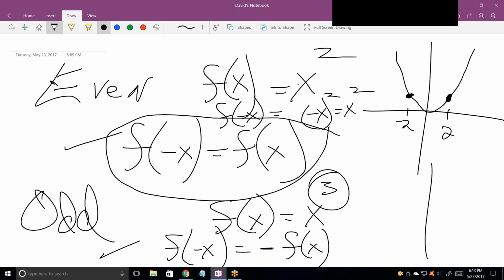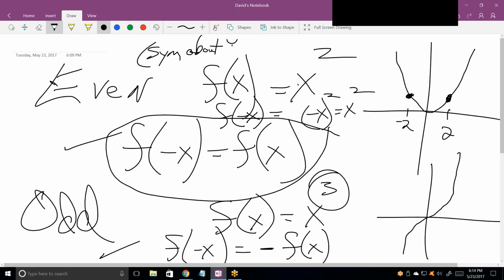If I graph f of x equals x cubed, I get that, which is symmetry about the origin. Even functions, symmetry about the y-axis.